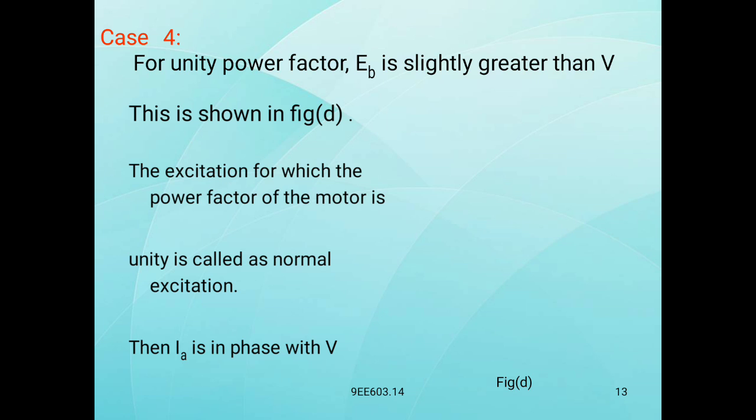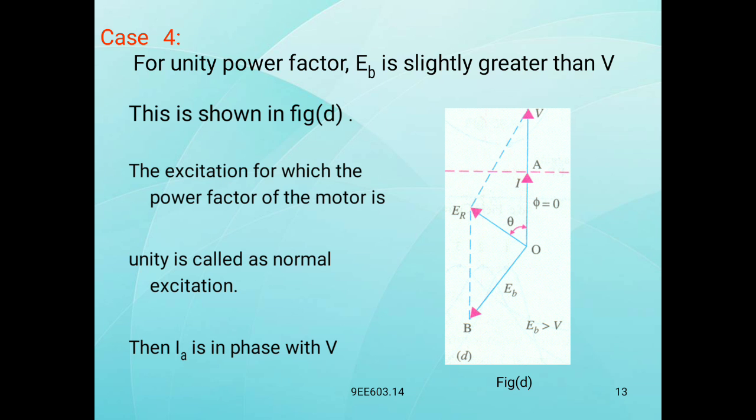Here IA is in phase with V, as shown in the phasor diagram. Phi is equal to 0, and only theta will appear. So ER and I, V and I, and EB, here EB is slightly greater than V. This is case 4.